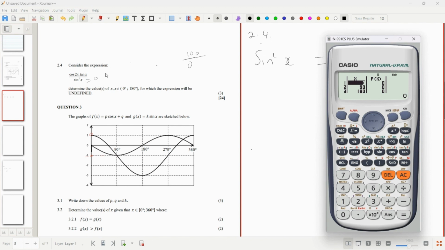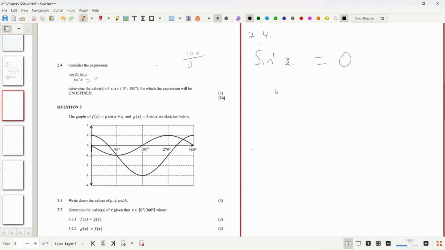And remember, any number divided by 0 is undefined. So we need to write our x values for which this expression will be undefined. These are the x values: x equals 0, x equals 90, x equals 180.